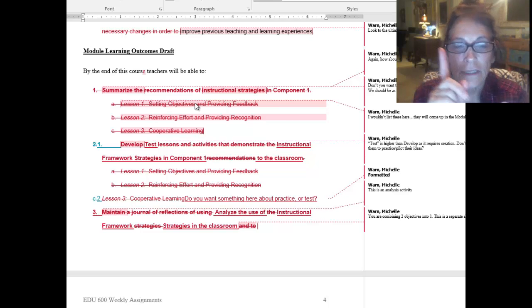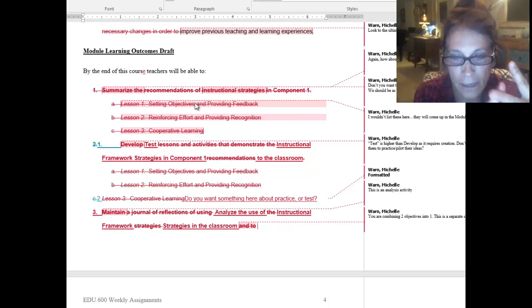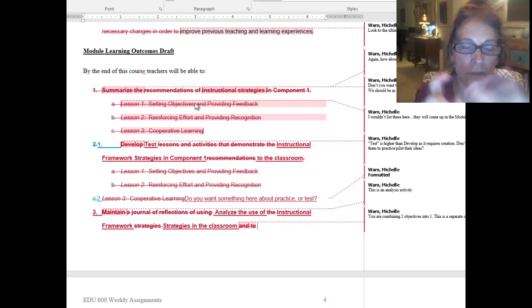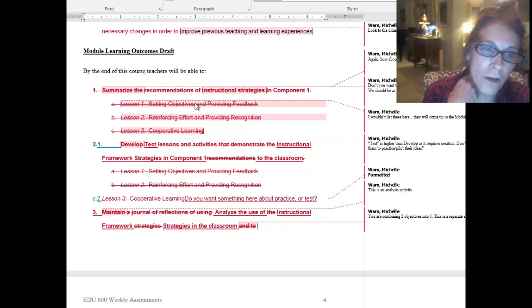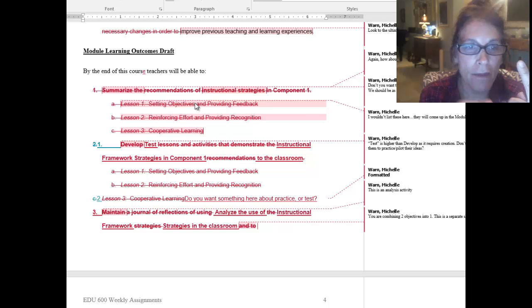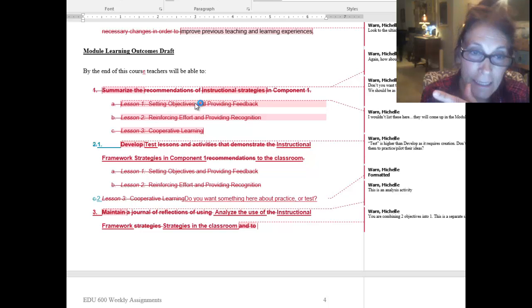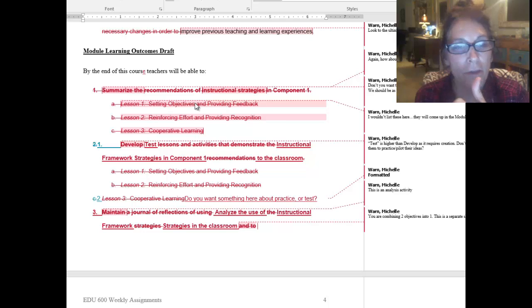To evaluate it, you need to test it, you need to implement it, and then you need to reflect on it. So it's almost like four outcomes. What are they? Build lessons using them, test the lessons, apply them in the classroom, and then evaluate how that went.